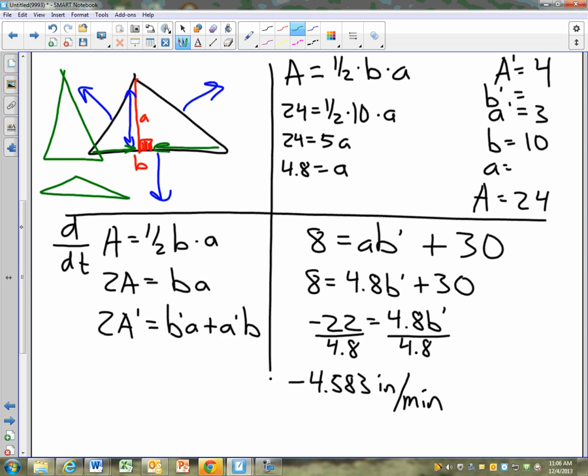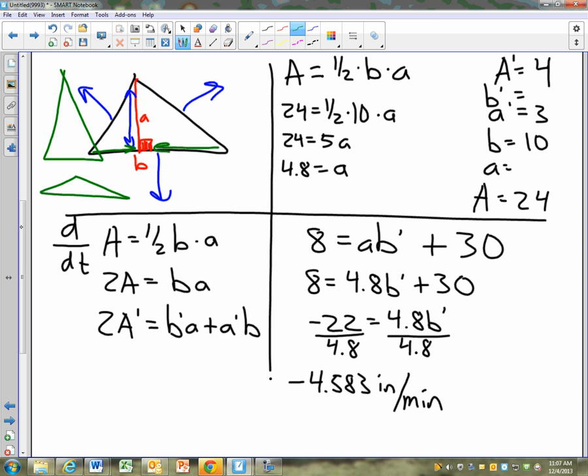For tomorrow, I would like you to be able to do 6 more related rate problems. That means you choose 6 from the boxes or the triangles, not any of the circle ones.